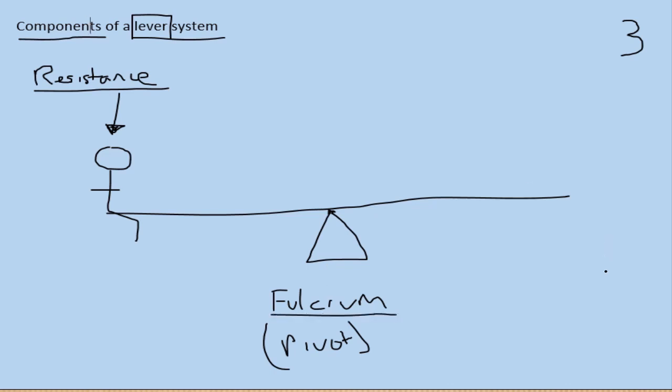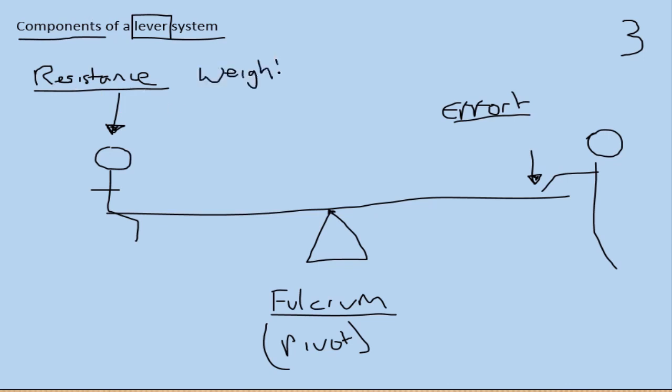And finally, at the other side, we have a parent who's pushing down on the end of the seesaw, and we call that effort. So those are the 3 things involved in a lever system: there is effort, there is a pivot, and there's a resistance or weight.